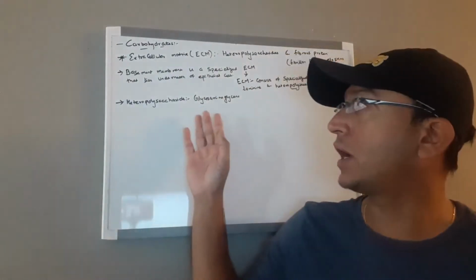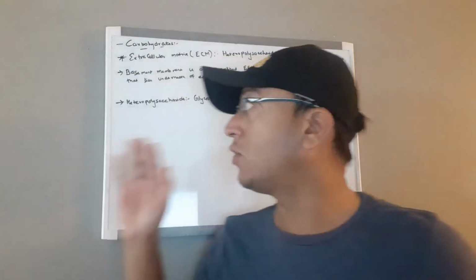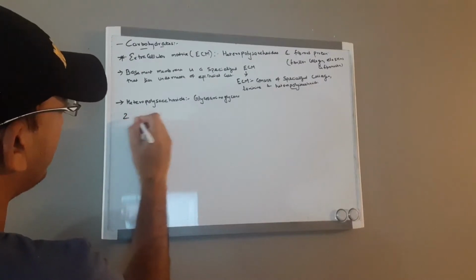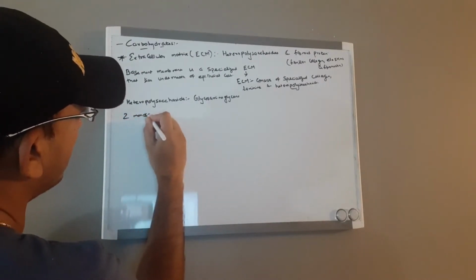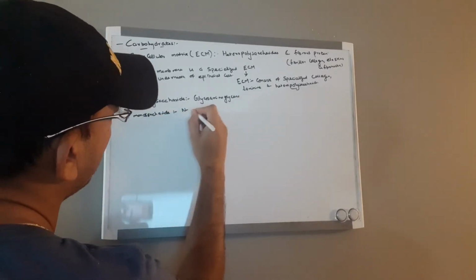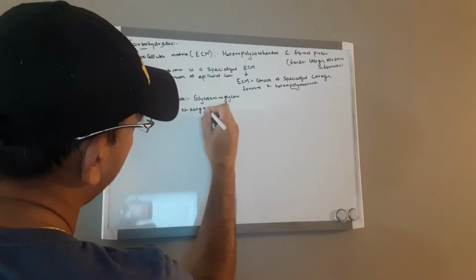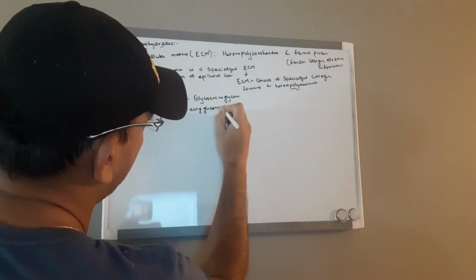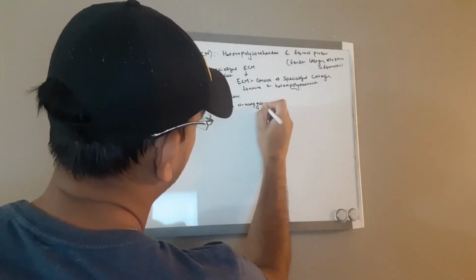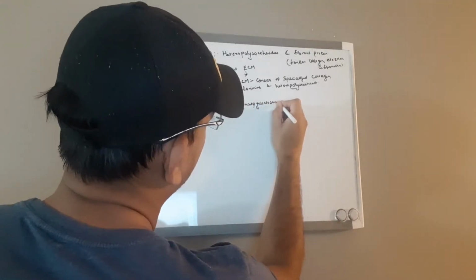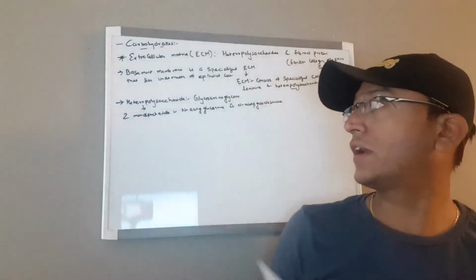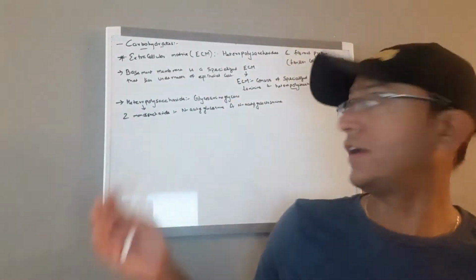So one of the two monosaccharides in this heteropolysaccharide will be N-acetyl glucosamine, or it can be N-acetyl galactosamine.